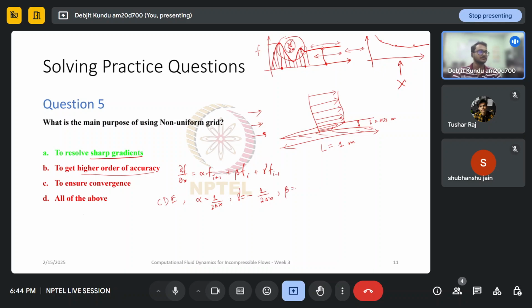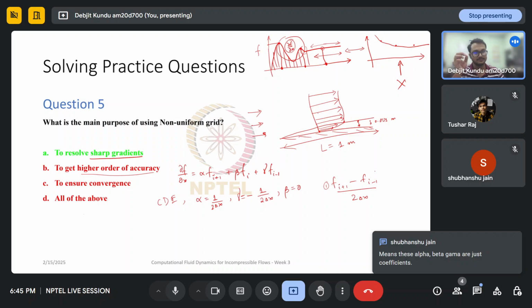I could intuitively find this because I know the simple form f i plus 1 minus f i minus 1 divided by 2 delta x. These are just coefficients, nothing else.